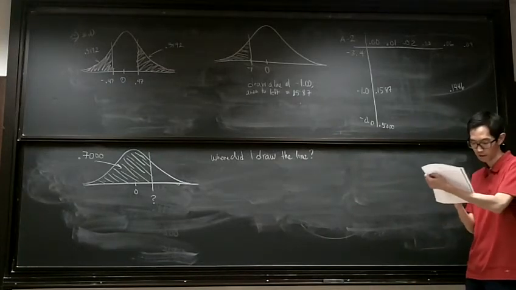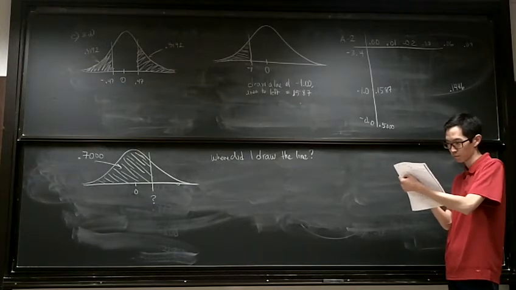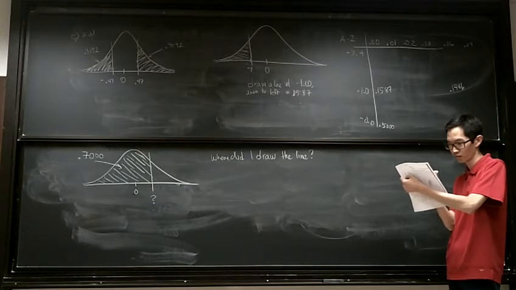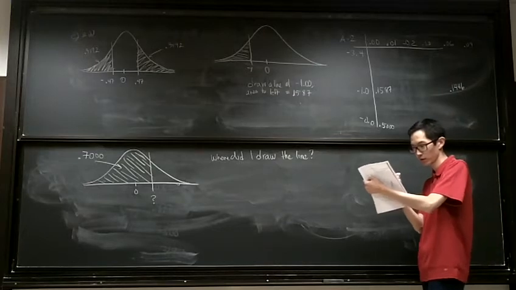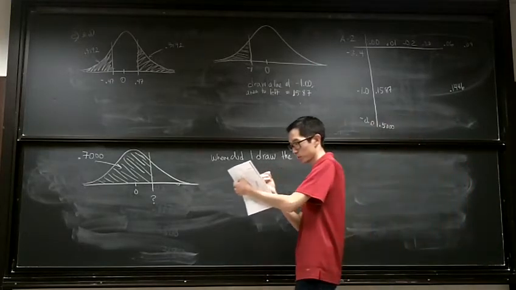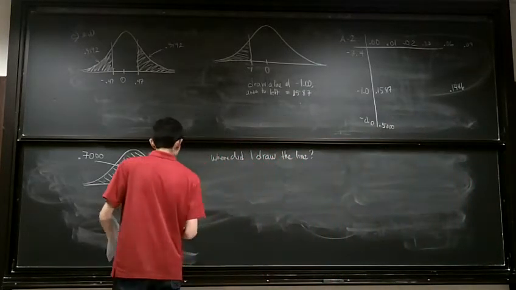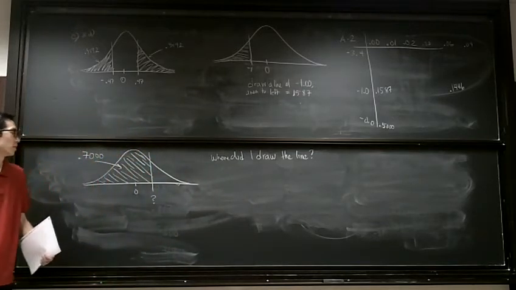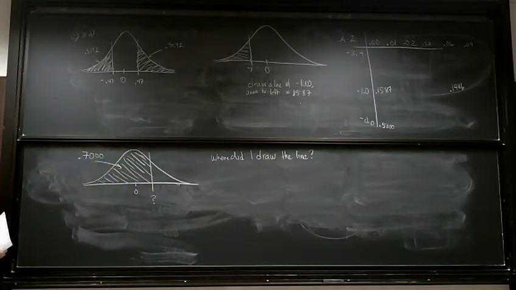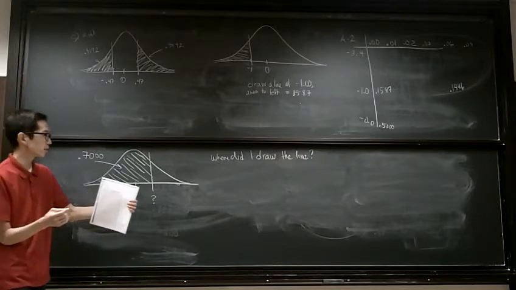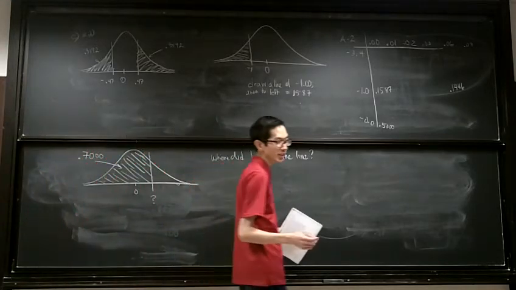There are so many numbers. It's a rule. It's continuous. 0.7. Okay, so about where did I draw my line then?